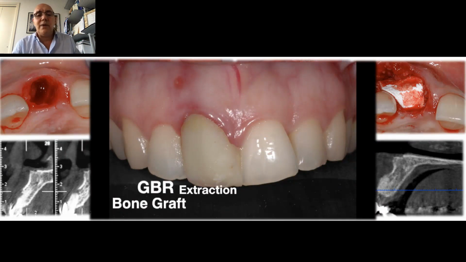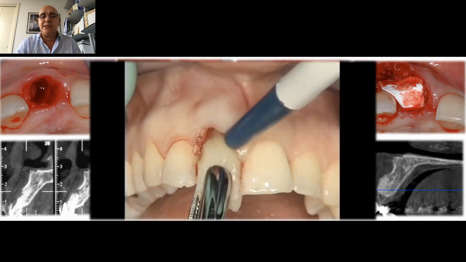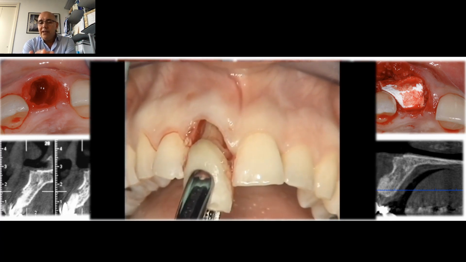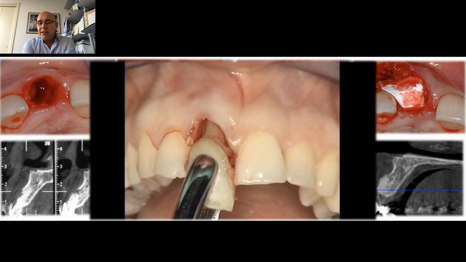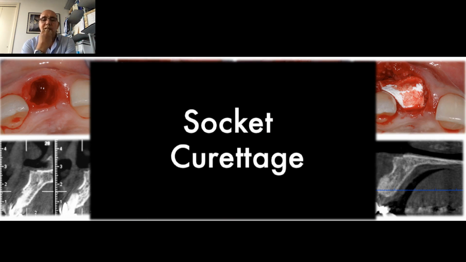Let's look now at the way this procedure is carried out. So it's quite important that the extraction is very, very gentle. It's vertical and is done without putting any kind of push or any kind of pressure.